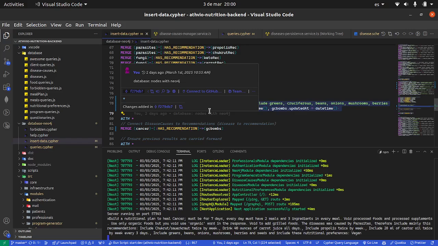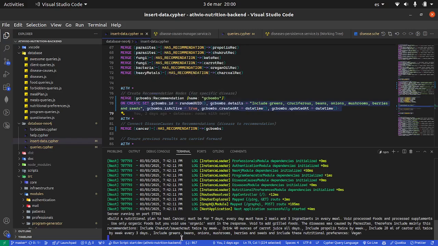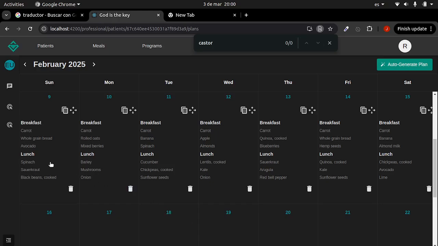One big problem. And also include greens, beans. As you can see, we can have here a lot. First, I want to find greens, almonds, apple, blueberries, hemp seeds, almond milk, carrots, chickpeas. Is one being lime, maybe lime, not kale.